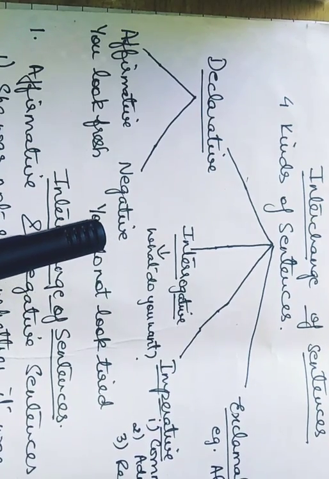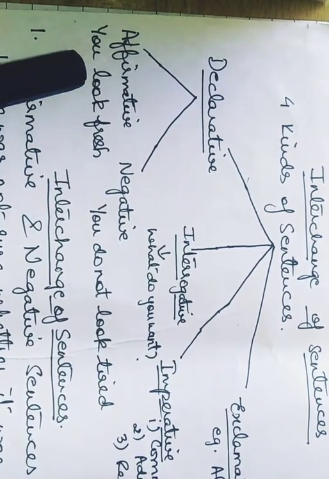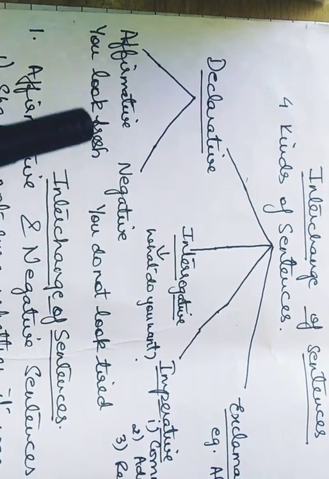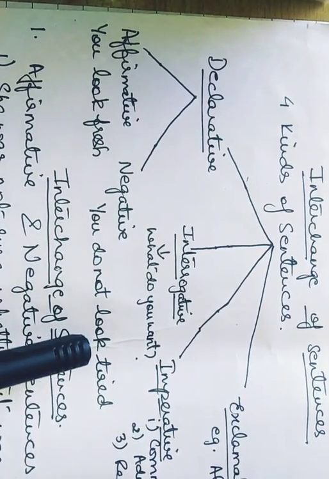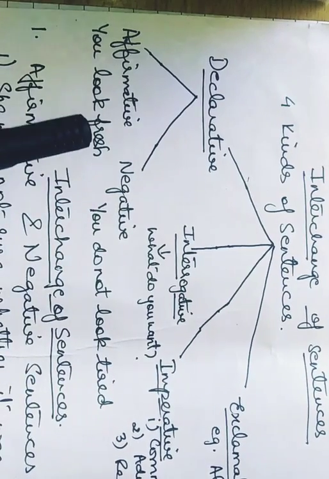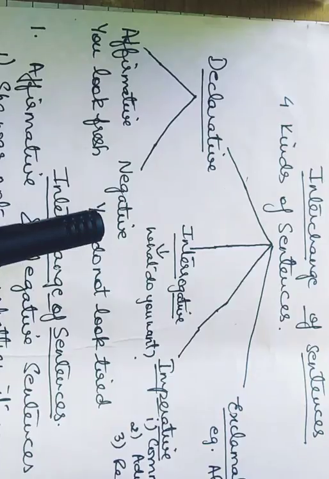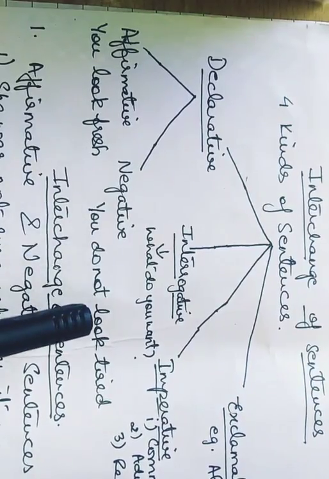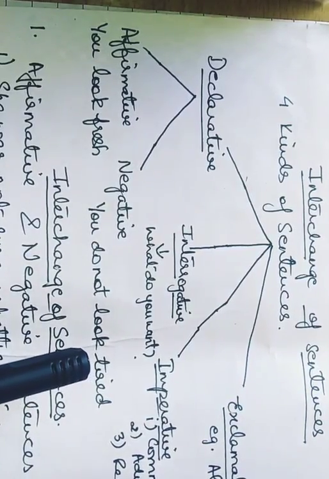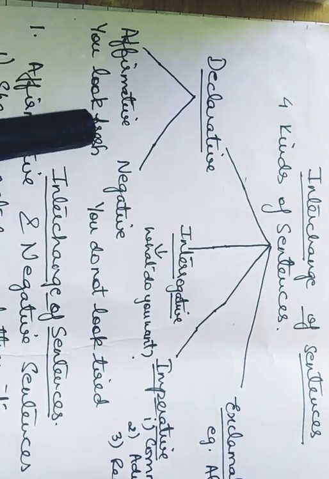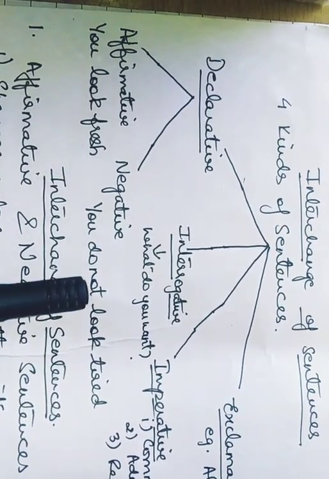No, that's wrong. You have to change an affirmative to a negative, keeping in mind that you do not change the meaning of the sentence. So here it says you look fresh. A negative of that would be you do not look tired. Since you don't look tired, it means you look fresh. So this is how we go about it.